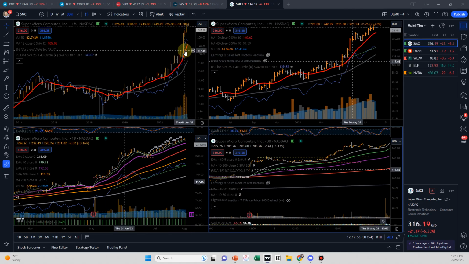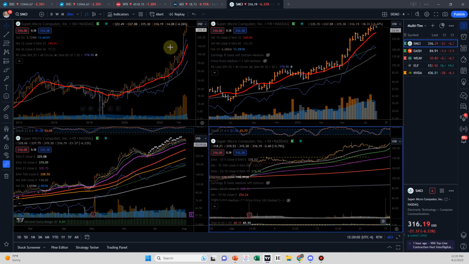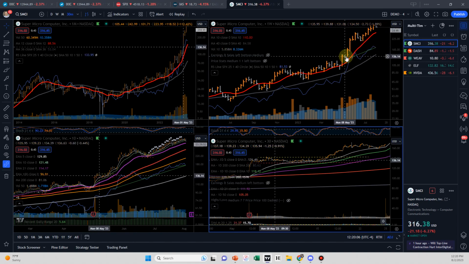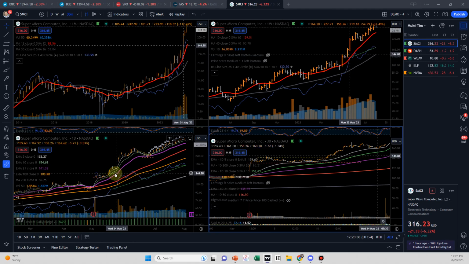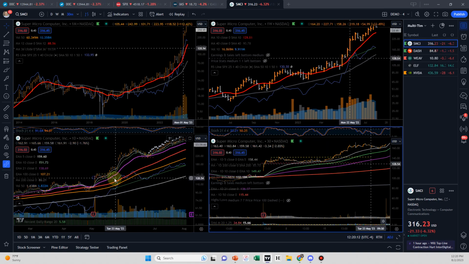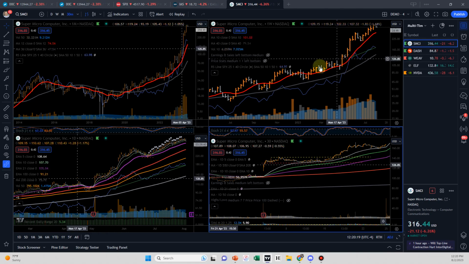They would show up on the monthly as well, but it's so tight that you can barely even see it on here. So look at the weekly, the daily, and then the 30-minute down here, and you can see how this area is tightening up across time frames, and how that's a significant level on each of these time frames here.